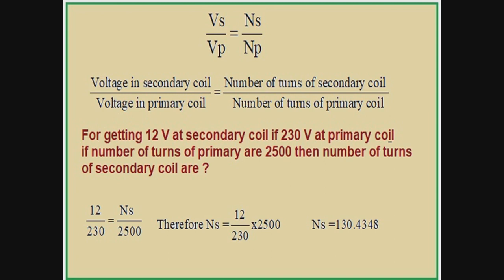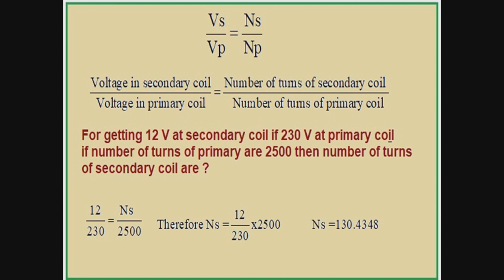The voltage at the secondary, the voltage at the primary, and the number of turns at the primary are given, so the number of turns at the secondary can be calculated.